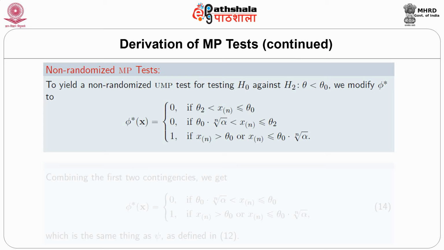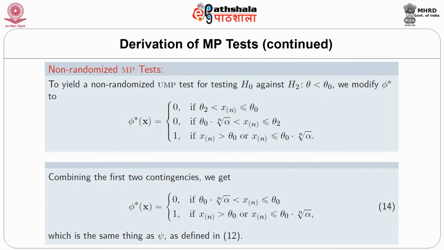So, take phi star as 0 if x order n lies between theta naught alpha to the power 1 by n and theta 2, and 1 otherwise. Here we have to assume that theta 2 is greater than theta naught alpha to the power 1 by n.